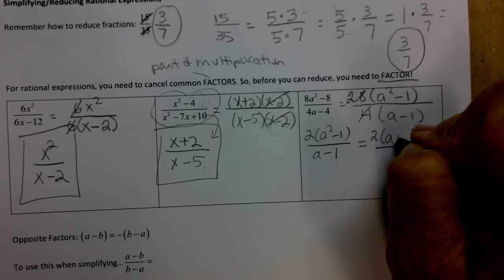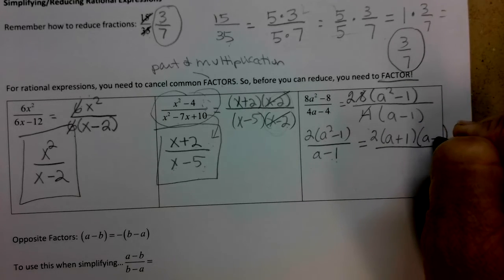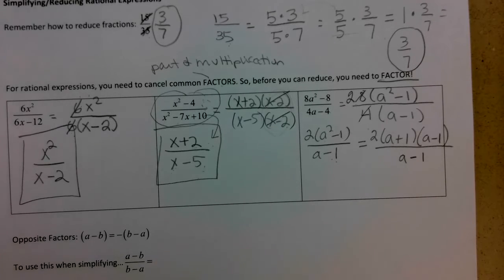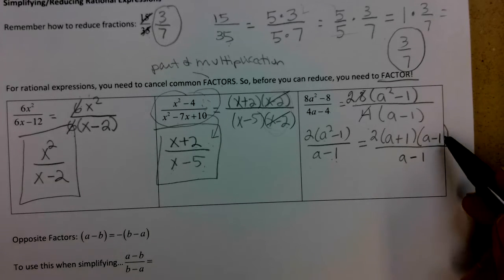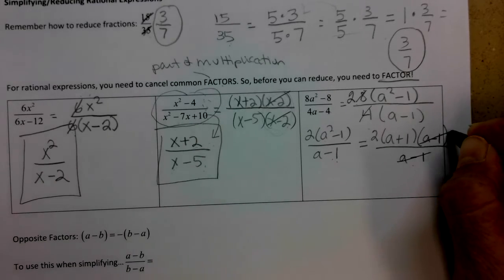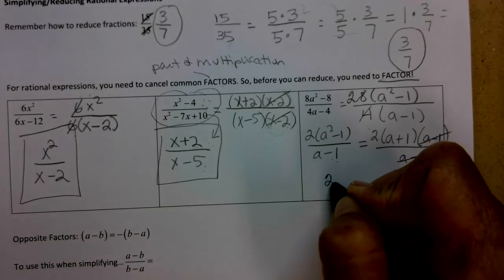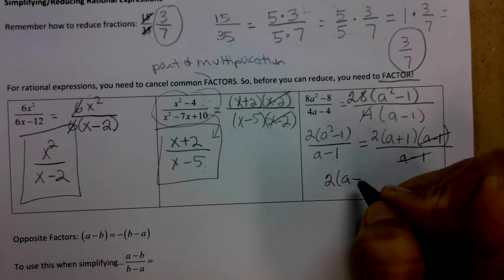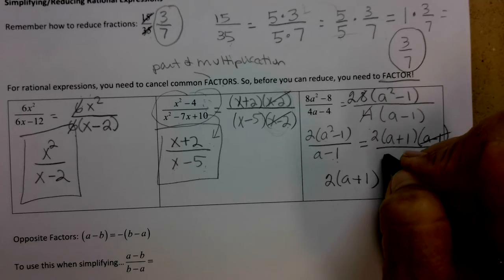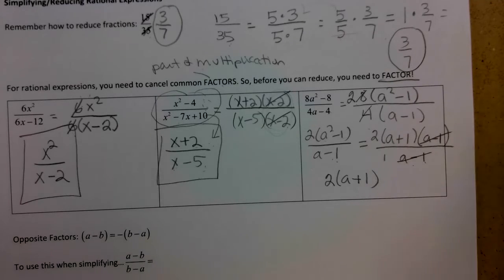So all of those factoring strategies are coming into play here. A minus 1 for the top and the bottom, so we'll cancel those common factors. And we're left with 2 times the quantity a plus 1. When you cancel from the denominator, it just leaves behind a 1, so we don't have to write it.